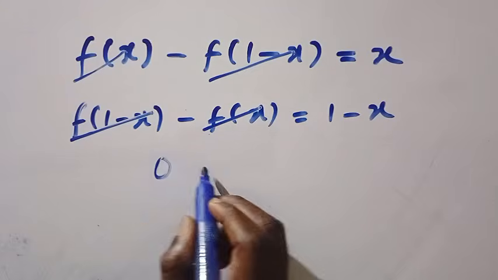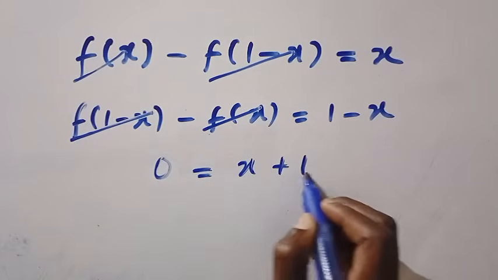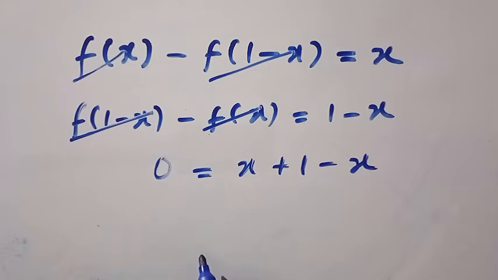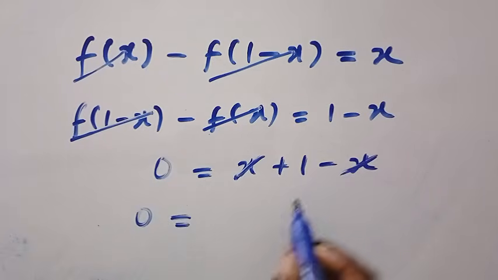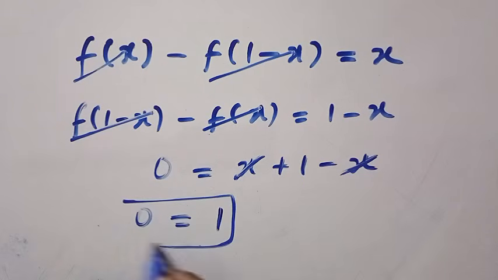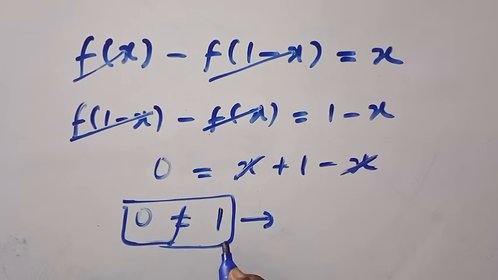We only have 0 on the left side, equals x plus 1 minus x. So 0 equals 1, as x minus x cancels. But is 0 equal to 1? No. So we still have another contradiction, which means substitution does not work.